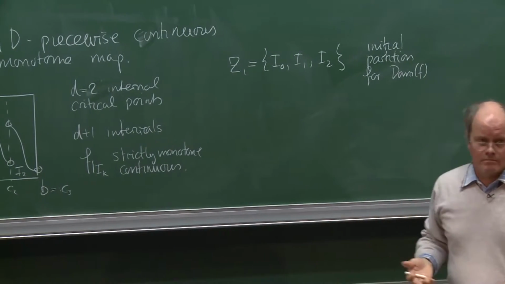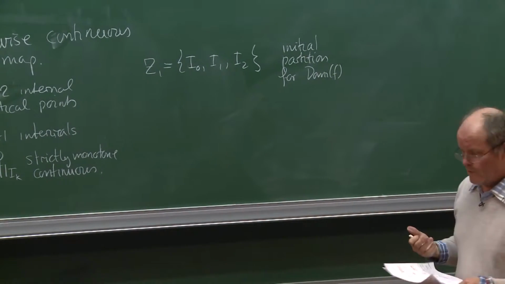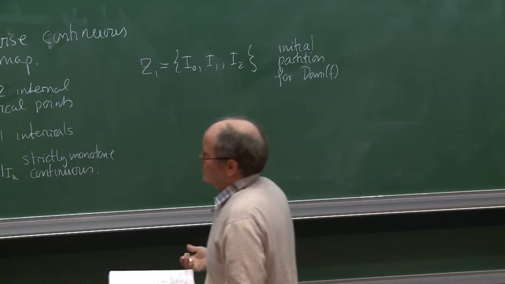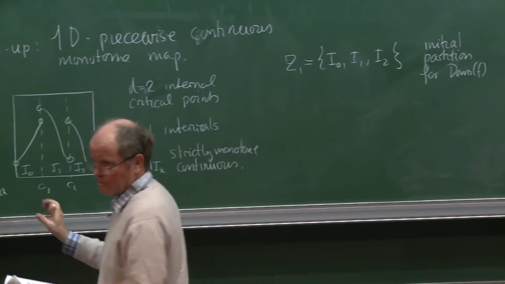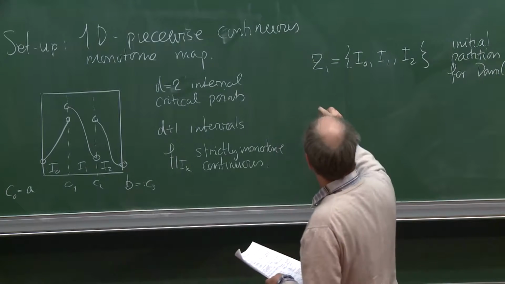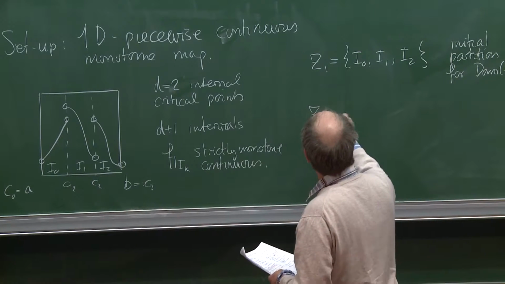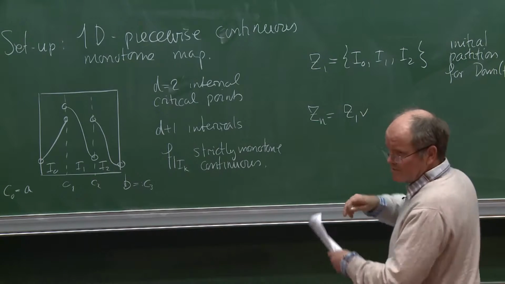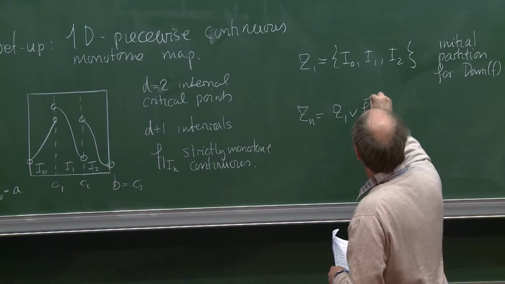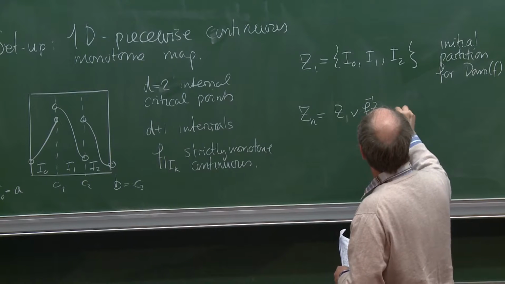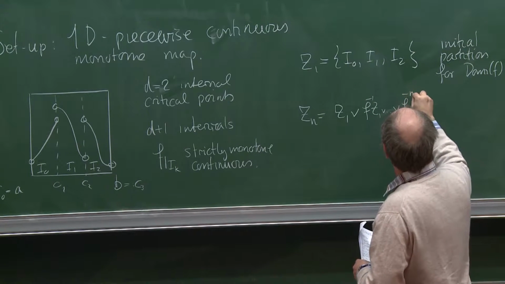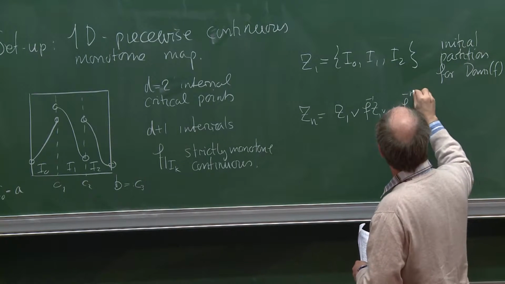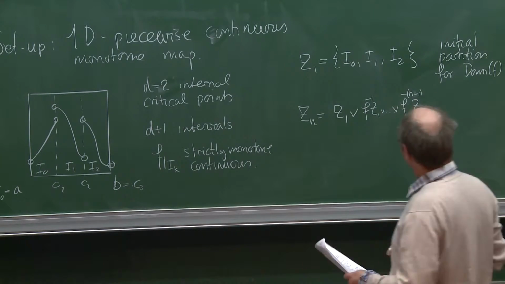And then you start looking at, if you iterate the map, then you have to refine your partitions in order to be able to define it. So you look at the refined partitions. You might write Z_n as Z1 and then all intersections with pre-images of Z1, F to the minus n plus 1 of Z1.